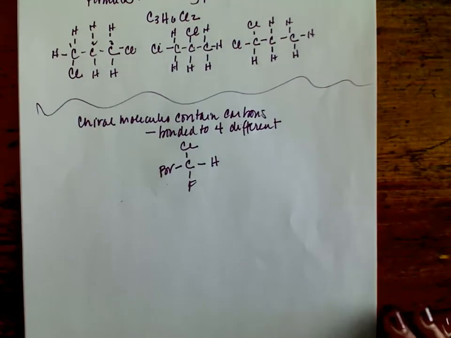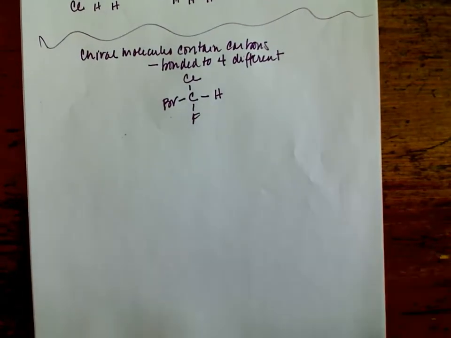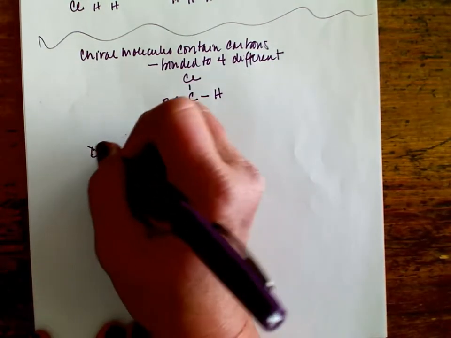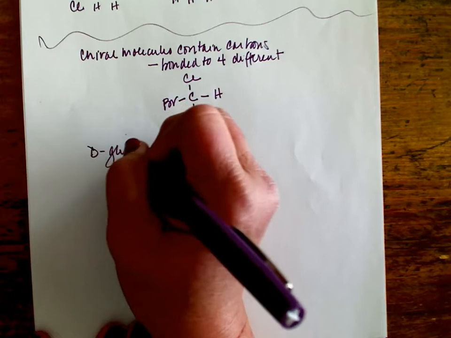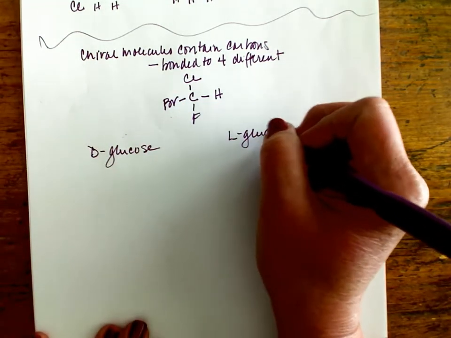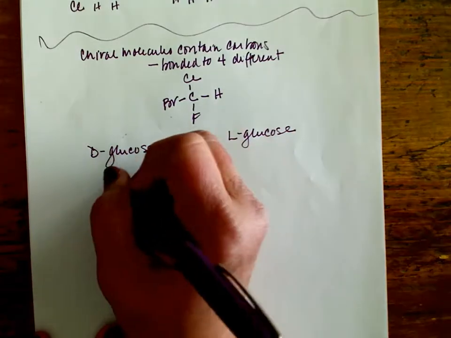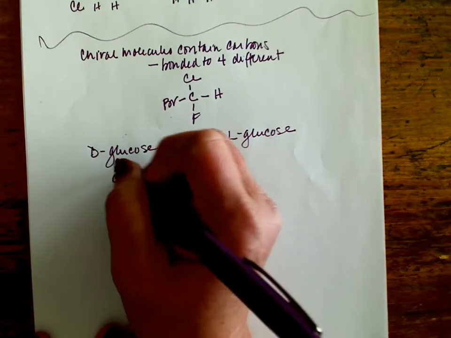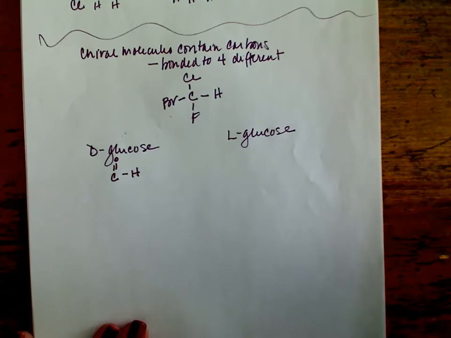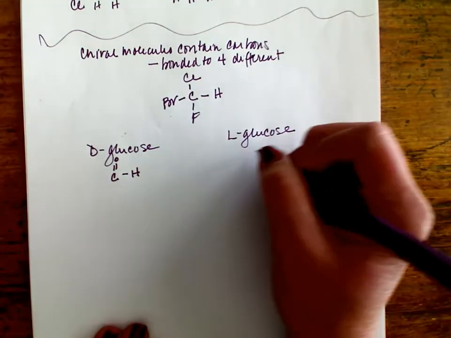But let's look at the enantiomers D-glucose and L-glucose. So we have, of course, the aldehyde head, because most carbohydrates, with the exception of fructose, have that aldehyde head.